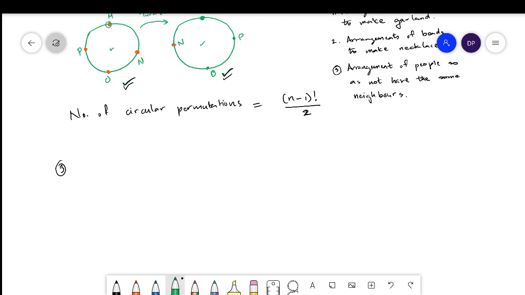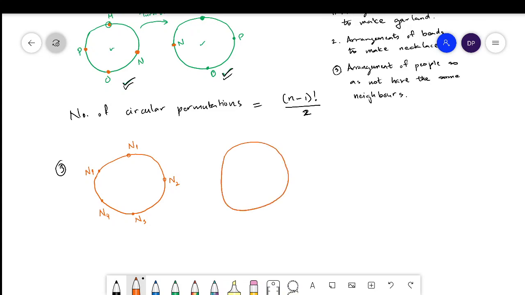So when we say arrangements of people so as not to have the same neighbor, I have here neighbor 1, then neighbor 2, neighbor 3, neighbor 4, and neighbor 5, right? So another arrangement. Let us say we have fixed the position of neighbor 1, so neighbor 1 will be here only.